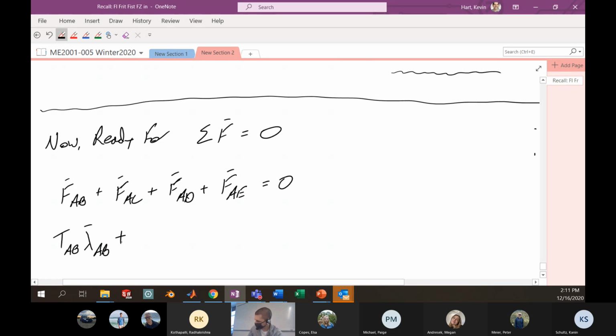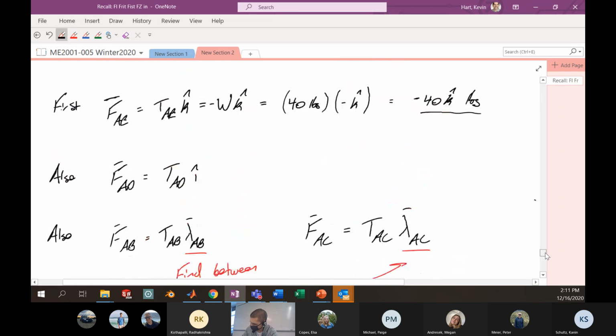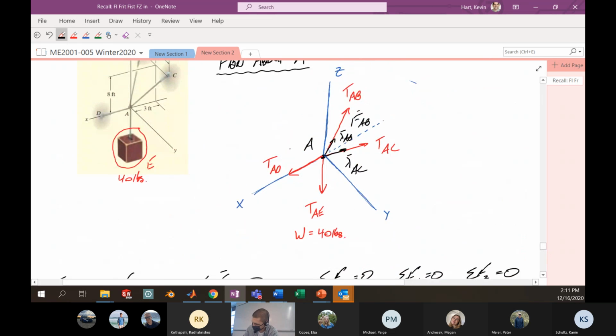Adding to that FAC, which is the tension in rope AC, that's the magnitude of my force, in the direction of that particular force, which is along lambda AC, plus the force AD. Go back up to our picture here. AD is here. It's the tension AD solely in the x direction, so it's going to be TAD i hat.